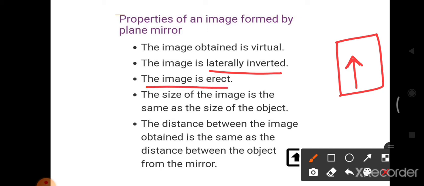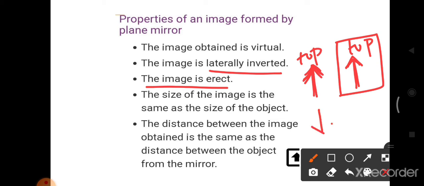The image is erect. Erect is nothing but upright. See, in this object, the arrow mark is on top. In the image also, the arrow mark is on top. So the image is erect, that is upright.